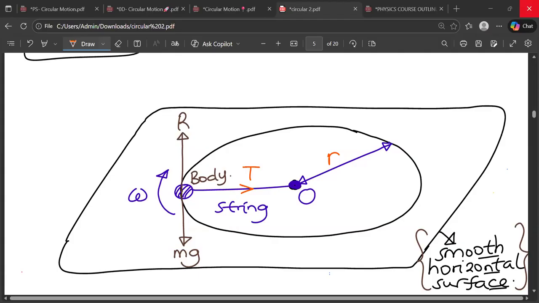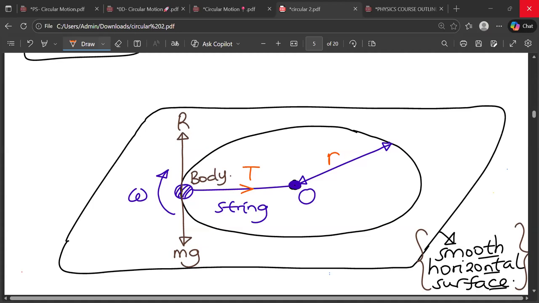And I'm asking, of all the letters we are having on the screen, which letter do you think will provide the centripetal force? Is it the MG? Is it the R? Is it the T? So just like the things we've been talking about, the examples of tensional force in real life. I've told you that since it is the attraction between the two, between what is at the center and what is actually moving circularly, the attraction between the two will always provide the centripetal force needed to maintain the circular motion.